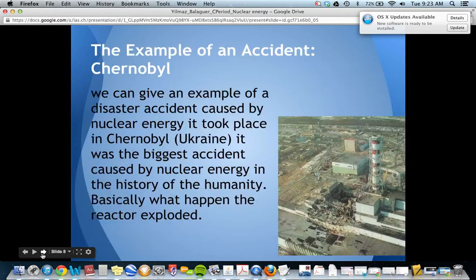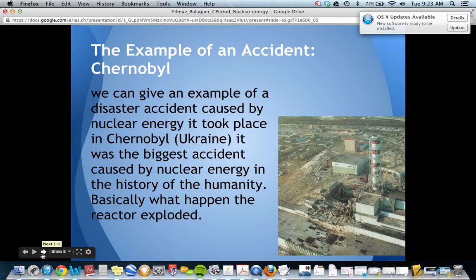This is the disadvantage. And this is an example of an accident in Chernobyl, in the 1980s in Ukraine. The reactor exploded, and it was the biggest accident caused by nuclear energy in the history of humanity.